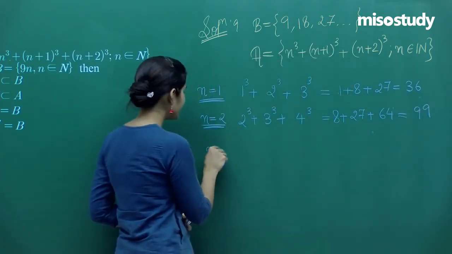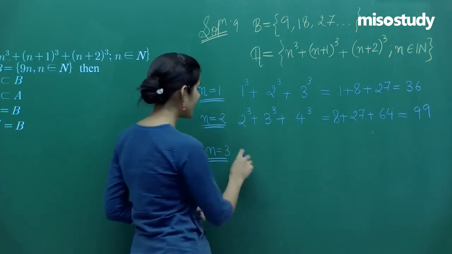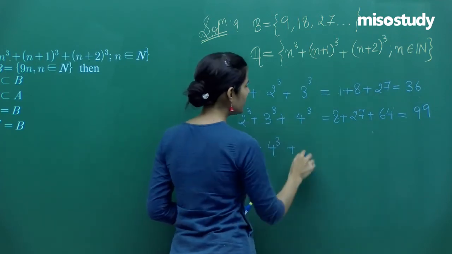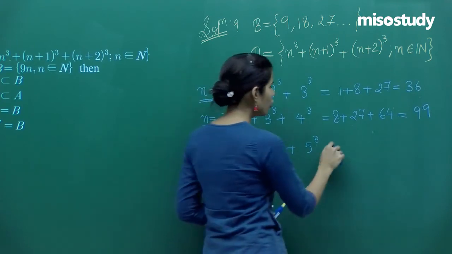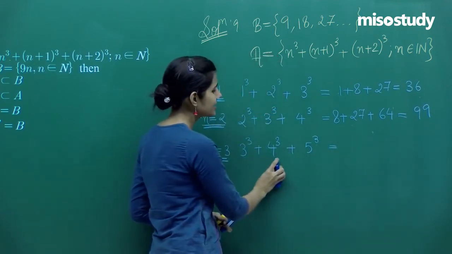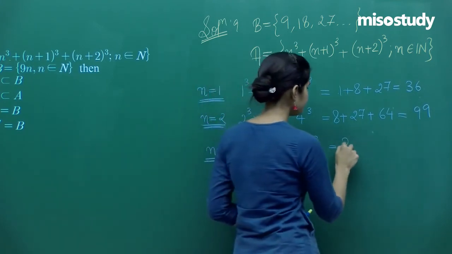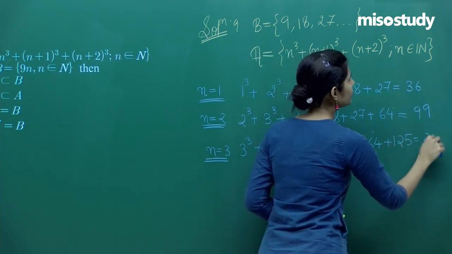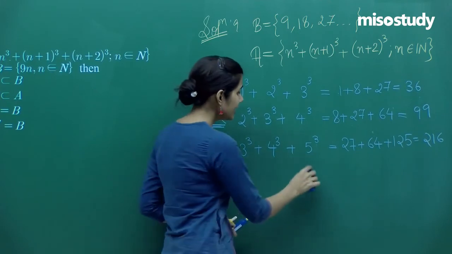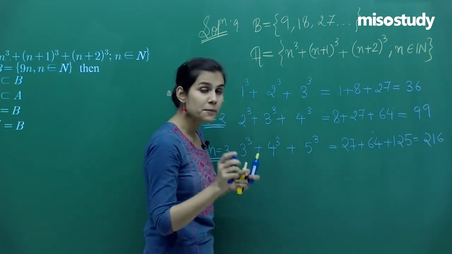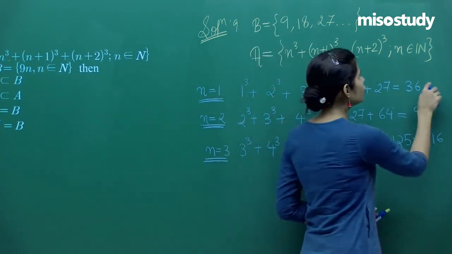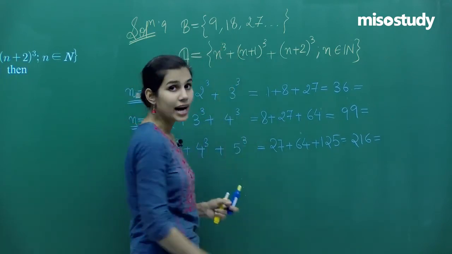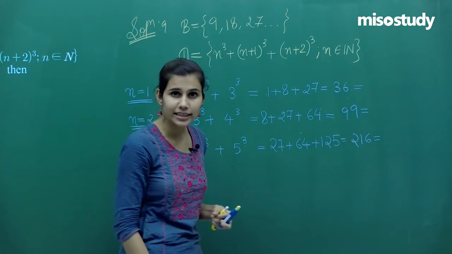If I start with n equal to 3, I am going to get 3 cube plus 3 plus 1 is 4 cube plus 3 plus 2 is 5 cube, which is 27 plus 64 plus 125, which is going to give me 216. If you keep on proceeding like this, there is a pattern. What is the pattern? Just relate 36, 99 and 216 with the table of 9, because that is what we have in picture right now.